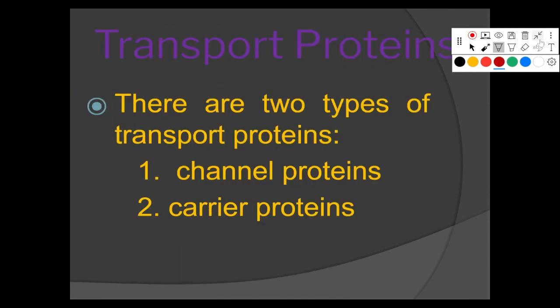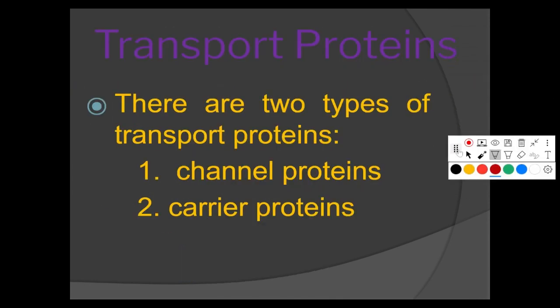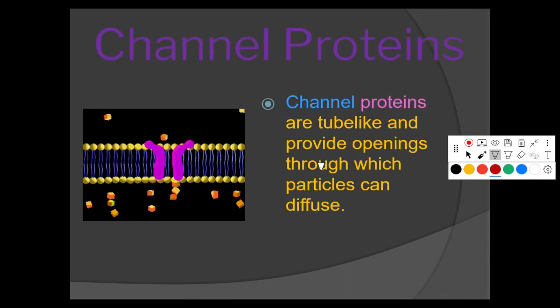Right. So right here, let me shrink this down a little bit. There are two types of transport proteins: channel proteins and carrier proteins. And we'll see that right here. So channel proteins are tube-like and provide openings through which particles can diffuse, right? Since they can't get through the parts of the plasma membrane, they need a little tunnel to get through there.